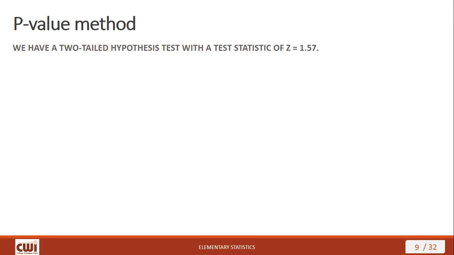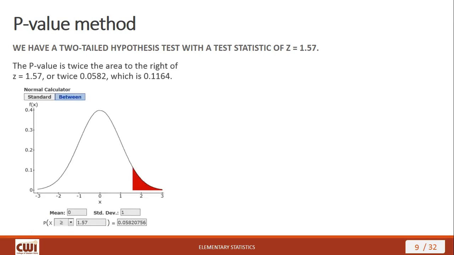Once we have our test statistic, we can compare it with the critical value. We can also use the p-value method. To use the p-value method, we recognize that we have a two-tailed hypothesis test with a test statistic of z equals 1.57. So now we can go into the normal calculator in StatCrunch, put our z-score into the calculator and calculate the area which corresponds with the p-value. Remember, the test statistic is that horizontal axis value which provides the boundary for the area under the curve that represents the p-value.